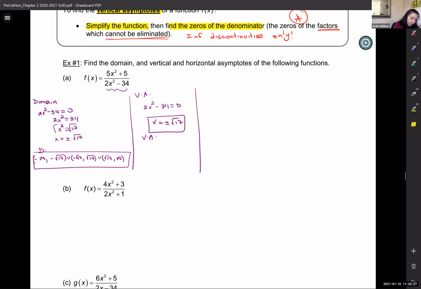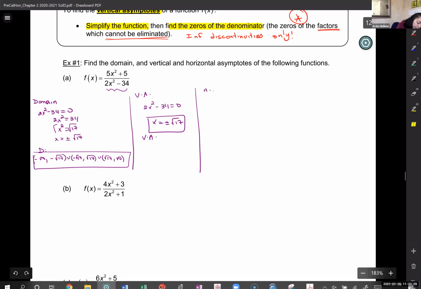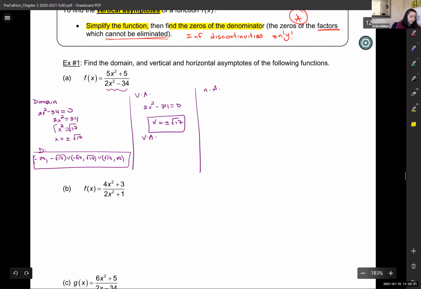All right, next, horizontal asymptote. You have to look at the limit of f of x as x approaches infinity and as x approaches negative infinity. All right. So now, here's what we do.